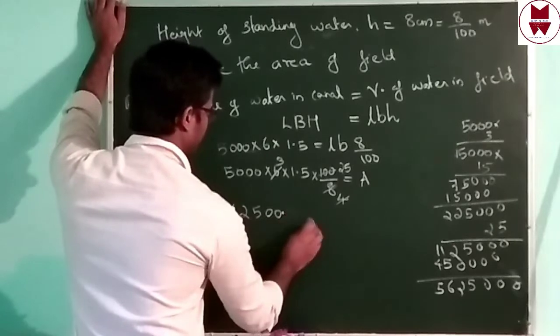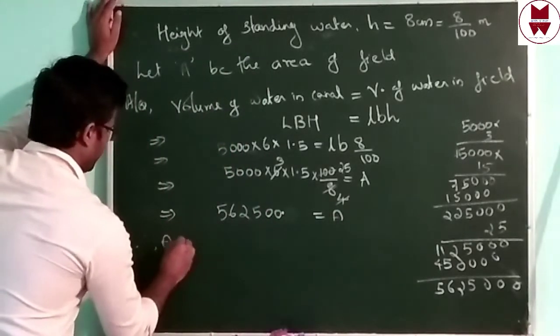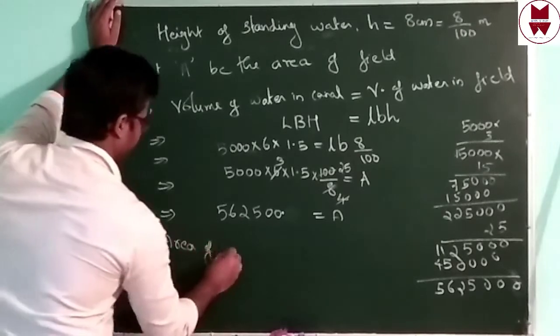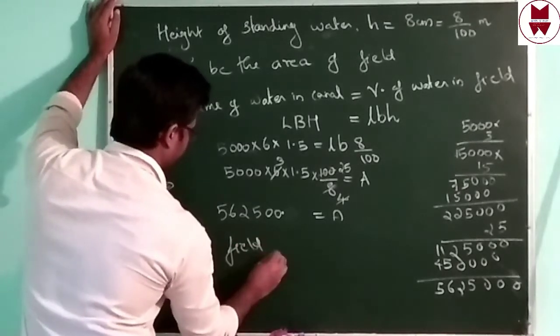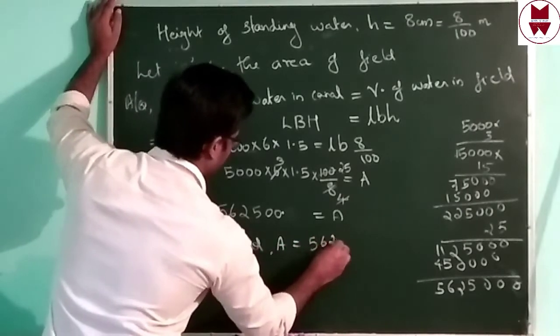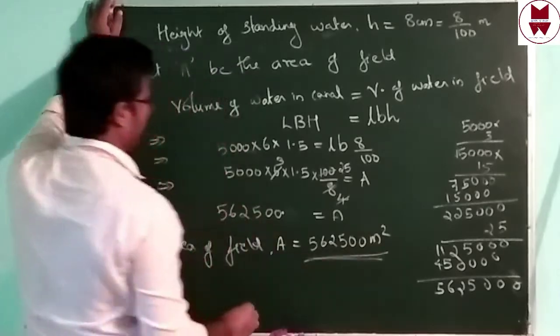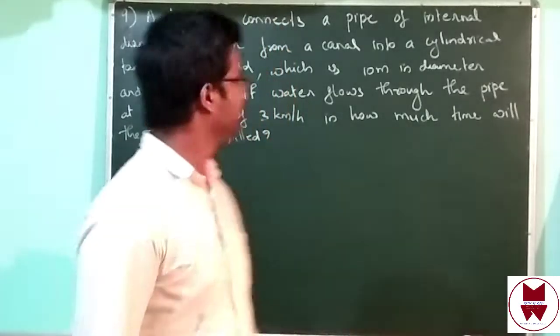I need to write equal to A. Therefore, area of field A equal to 562500 meter square.